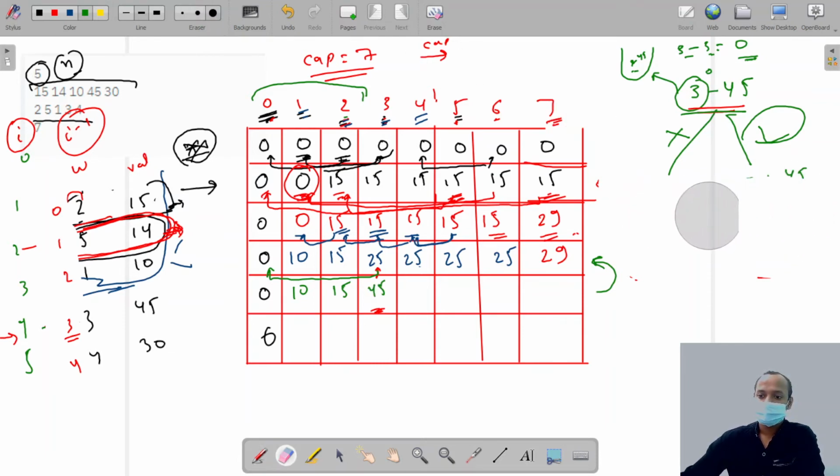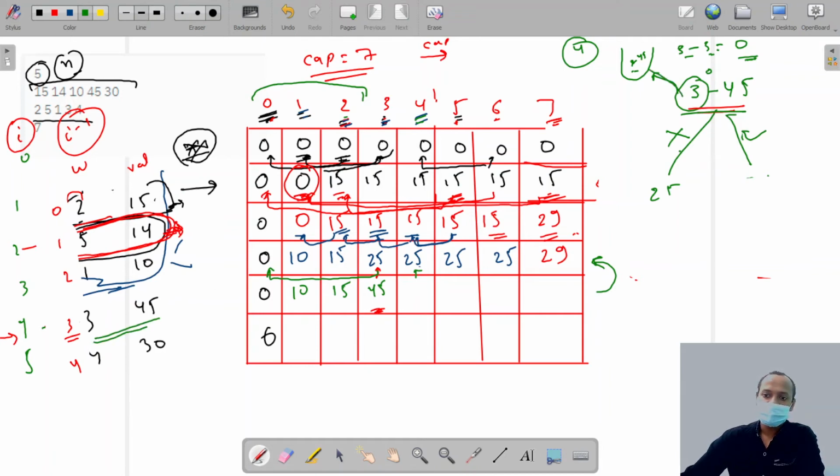Now the capacity of the bag is 4. So first we exclude this. If we exclude this, we get 25, right? Or if we include this item, the weight is 3.